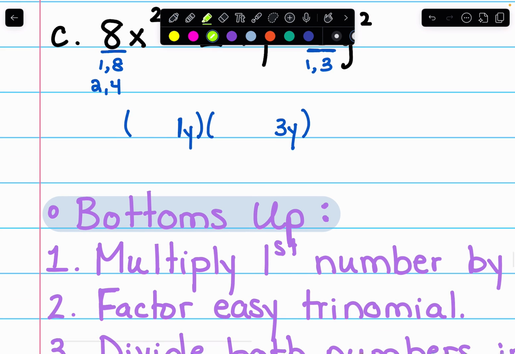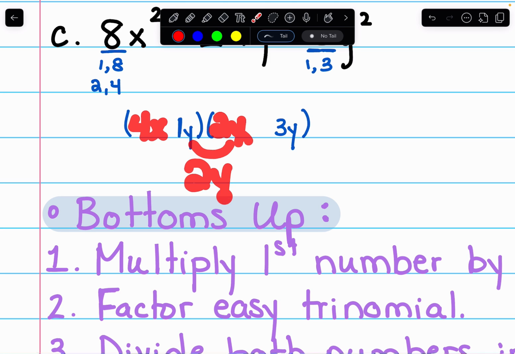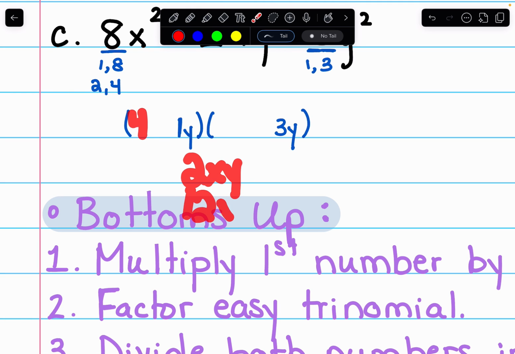If I choose 4 and 3, if I put 4 here and 4 here and 2 here, that gives me 2xy and 12xy. That doesn't give me 2, so I know that's wrong, right?